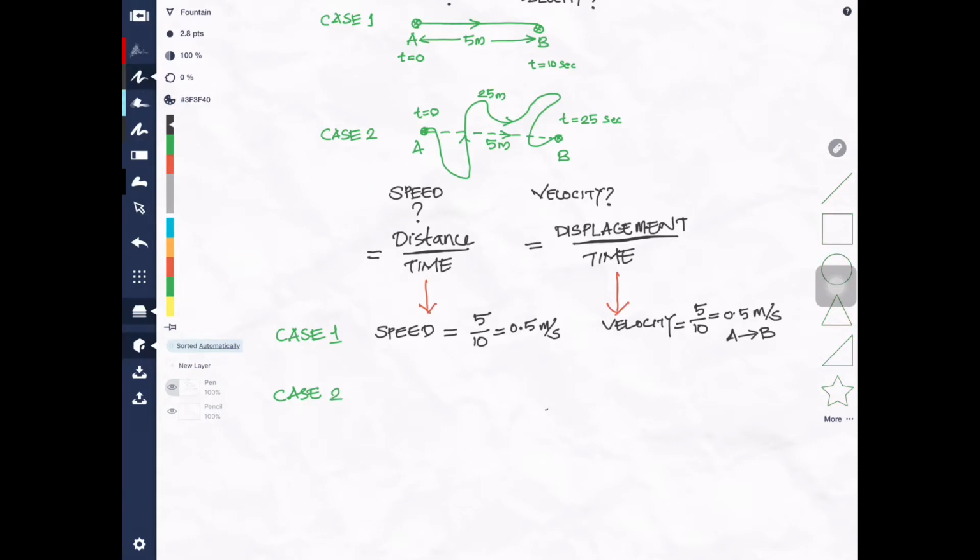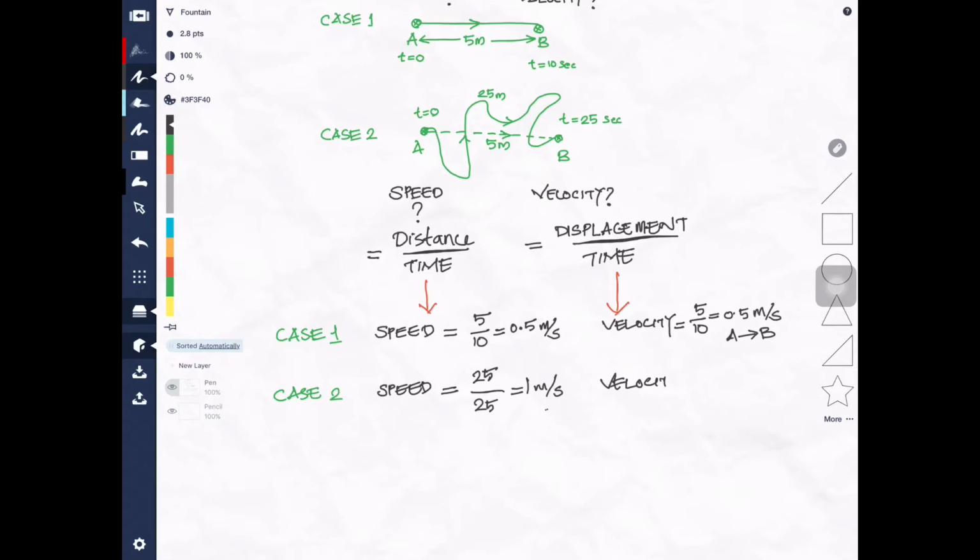Now take case 2. Here speed is equal to the distance traveled, which is 25 meters along all those curves and bends, divided by the time taken to travel that distance, 25 seconds. So 25 divided by 25 gives 1 meter per second.